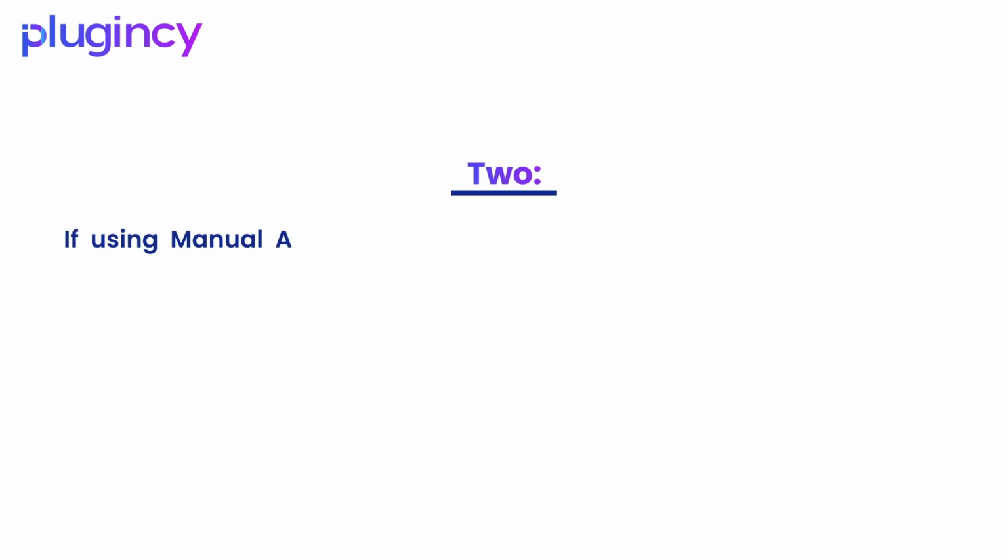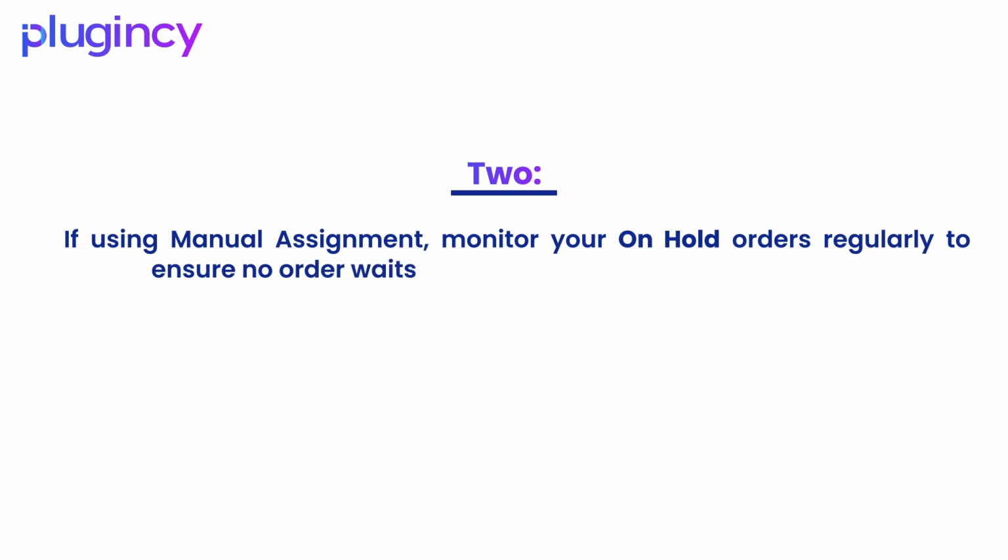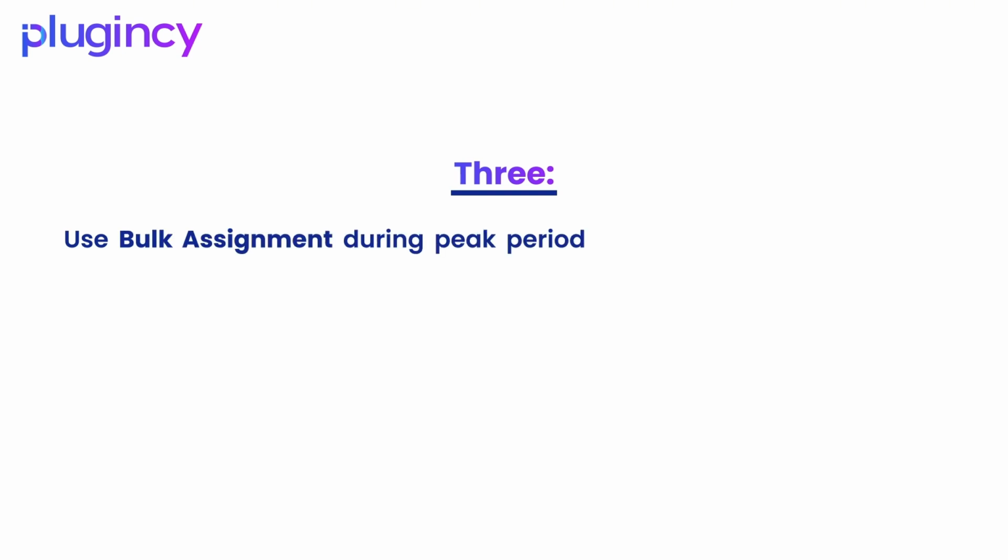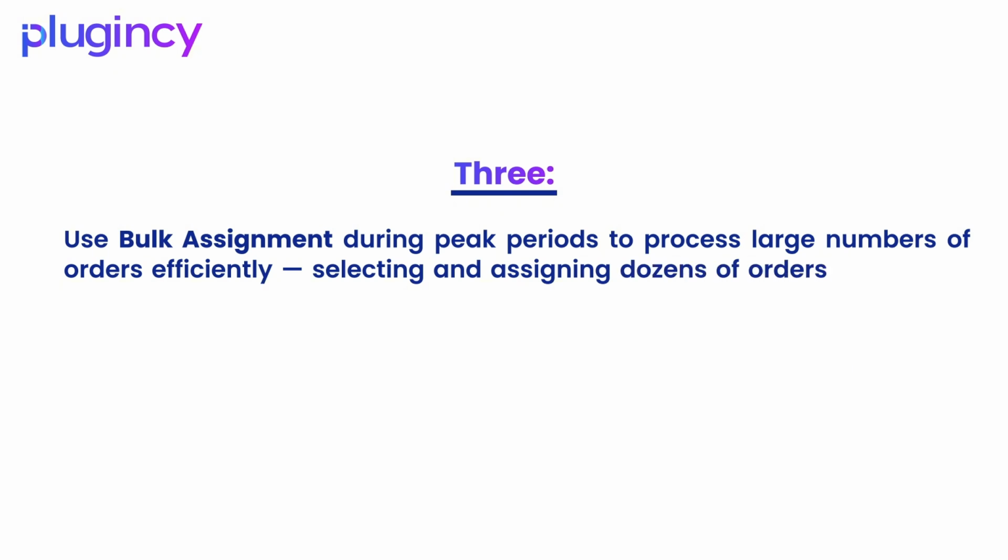2. If using manual assignment, monitor your on-hold orders regularly to ensure no order waits too long for a location to be assigned. 3. Use bulk assignment during peak periods to process large numbers of orders efficiently, selecting and assigning dozens of orders in seconds rather than one by one. 4.